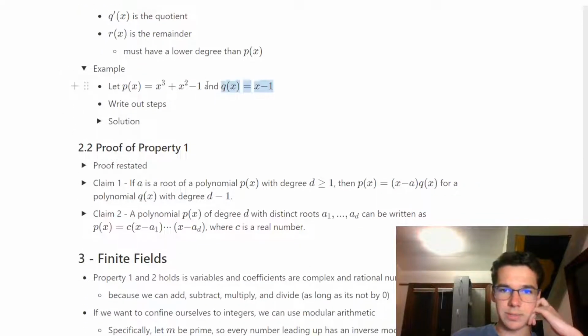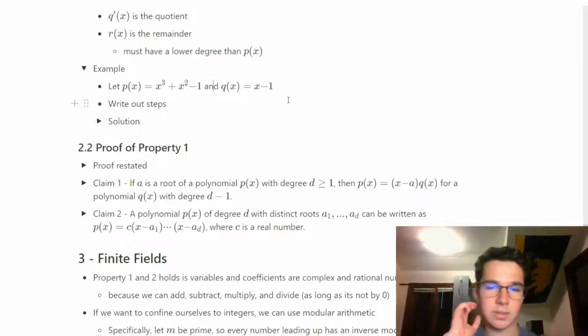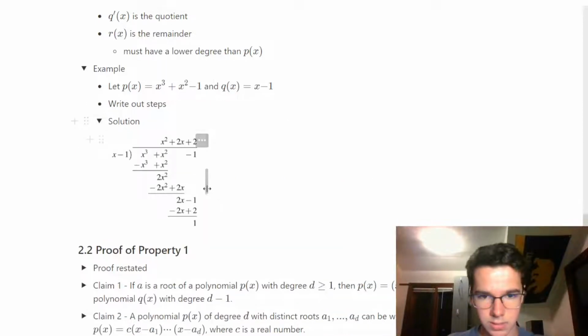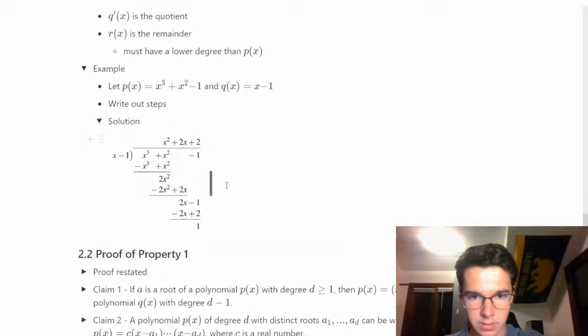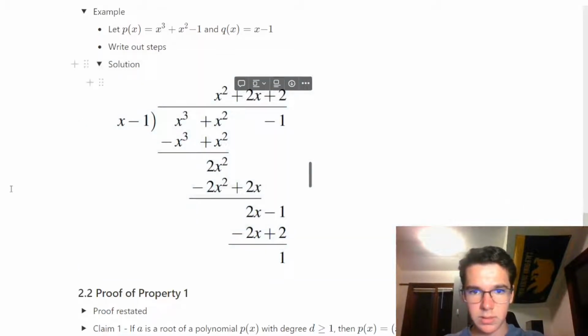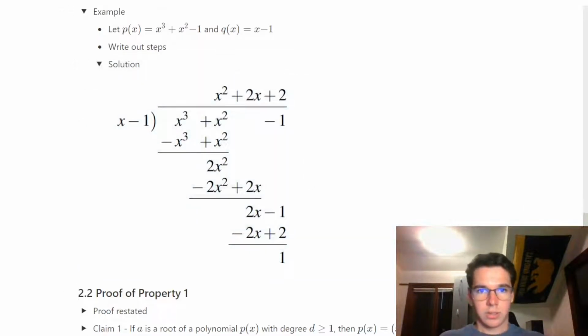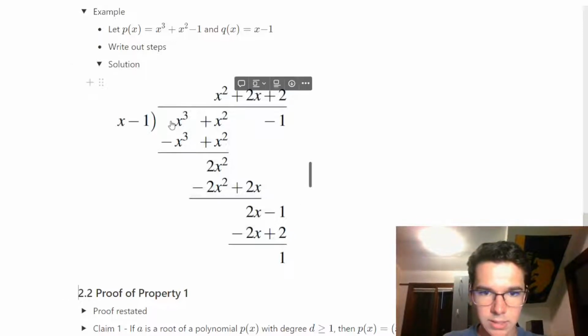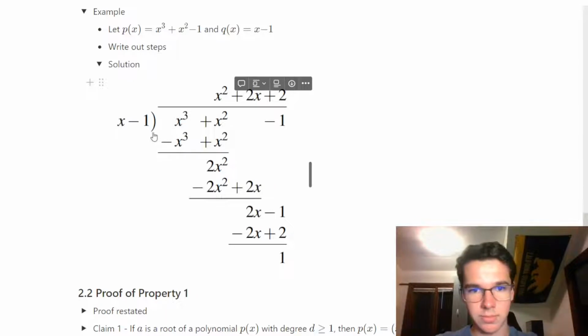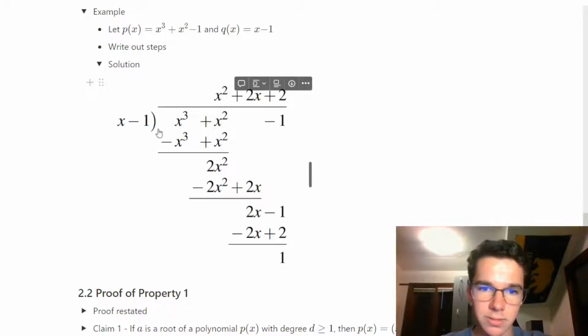This is the example they give in the notes, and I have written out the steps, but I think it's going to be better if I just go over this solution. So I will expand this. We are dividing x cubed plus x squared minus 1 by x minus 1, and we handle this like regular long division.